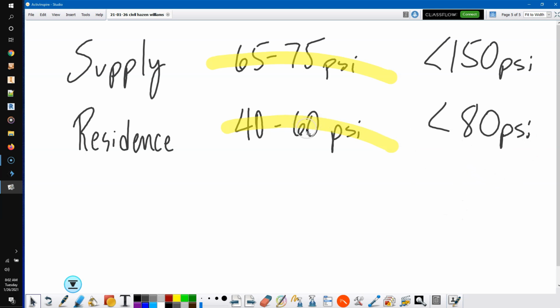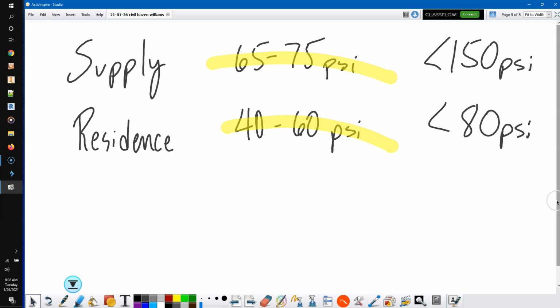Even though it would operate between 60 and 80 psi, we wouldn't want to do this because ultimately the problem is you stress your system out and you also waste a lot of water because you'll have a lot higher water flow when things are turned on. So normally you want to live between these two numbers. Most neighborhoods target the lower end of this to distribute more equally. So that's a little bit about expected pressures.